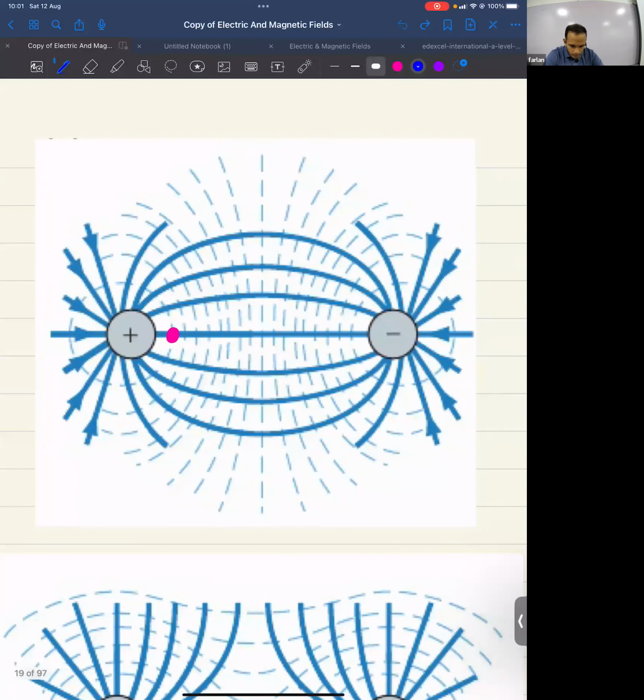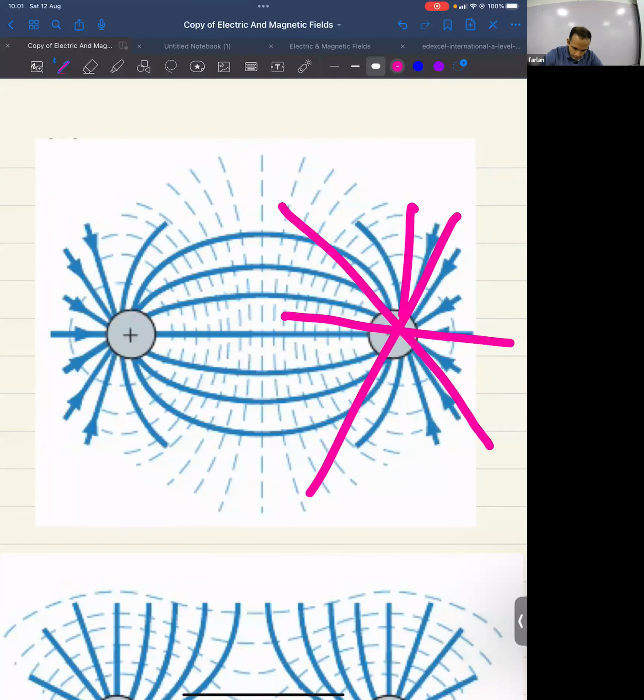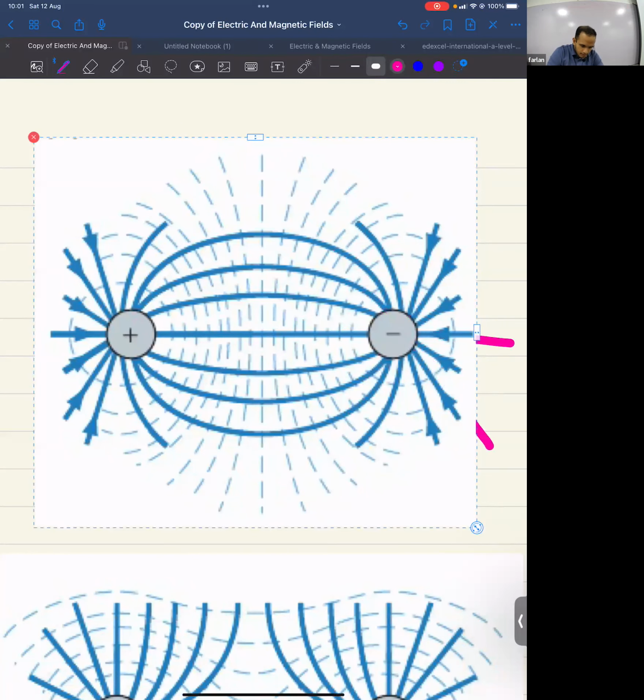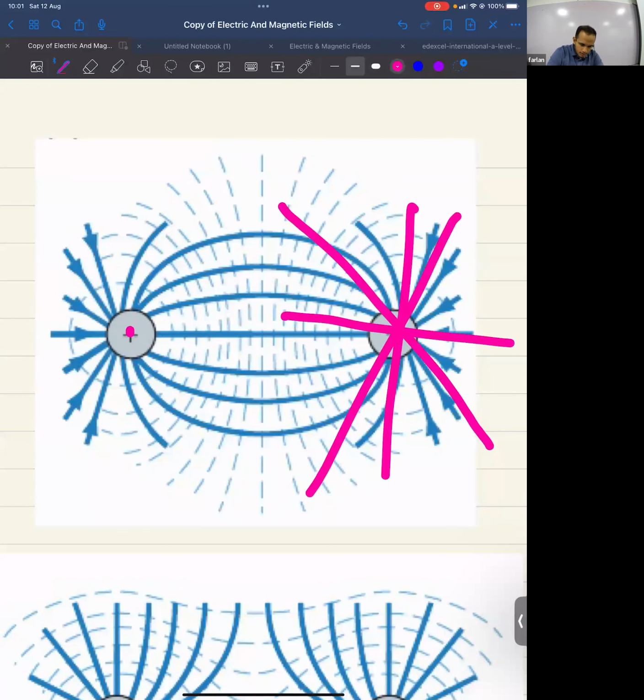Listen to me. Now guys, I will take a few numbers and explain it to you. Now assume this negative charge was not there. Listen to this part. If that negative charge was not there, let's say from the positive charge at a certain distance, from here to here, the potential is, let's say, 10 volts for example.